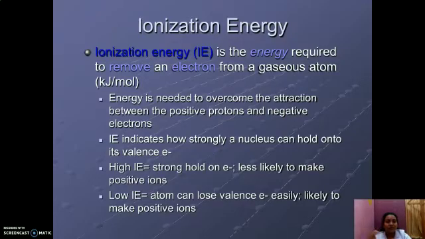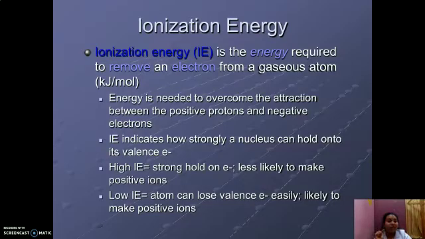So for stability, they are ready to donate or accept or share electrons. For donating or accepting electrons, it needs some energy. So that is the amount of energy we have to apply.